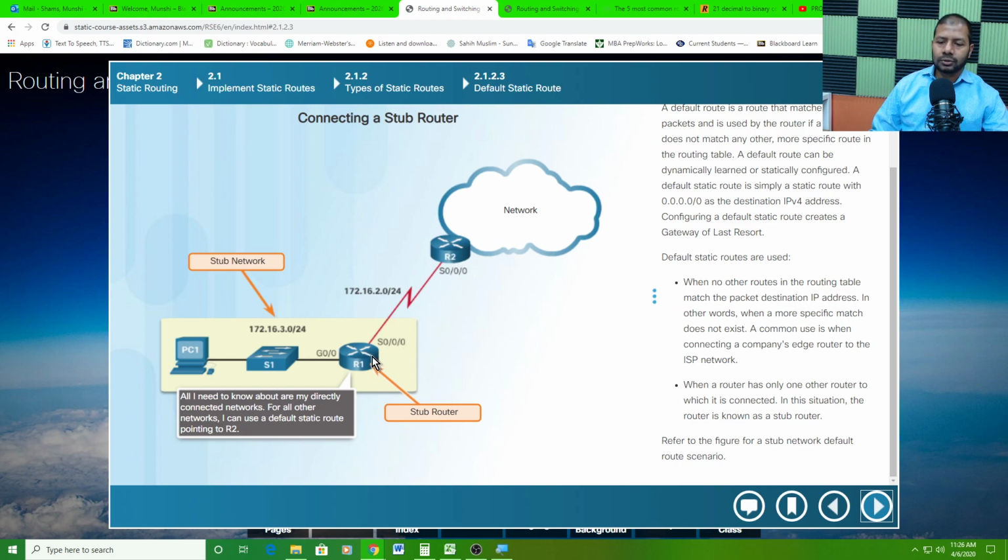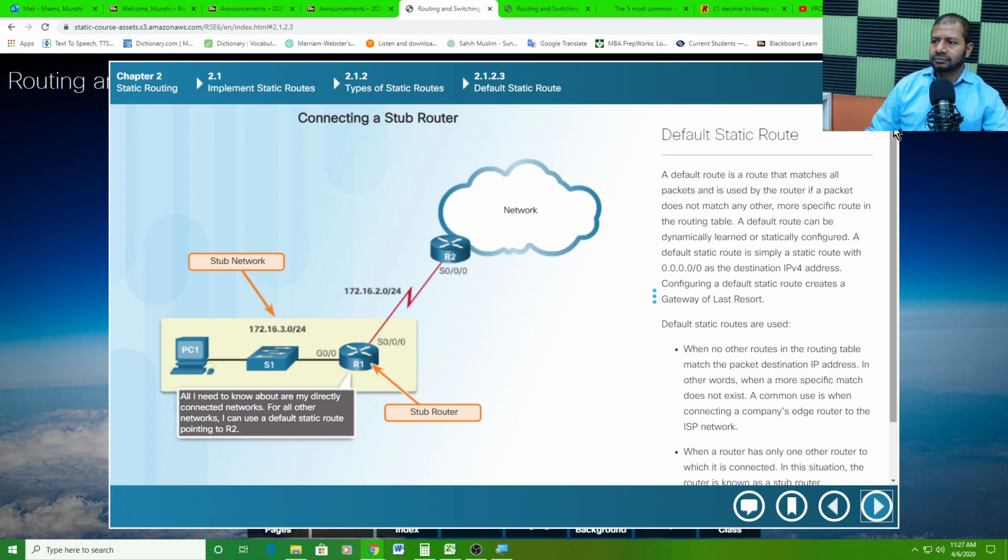That will be a default route, meaning anywhere else in the world, any other unknown network, no matter what network that may be. If PC1 has to access any network in the world, then it sends a request to R1, and R1 says, I know what to do. I have a default route. The default route is this: R2 is my next hop default router. Okay, so that's called a default route.